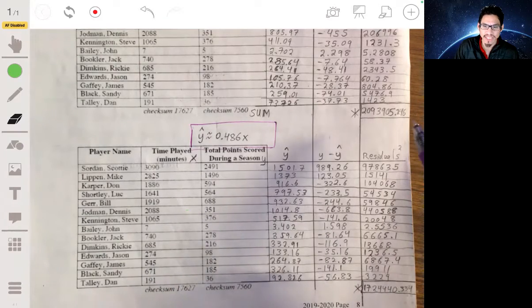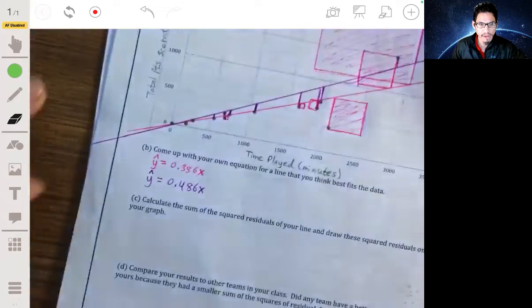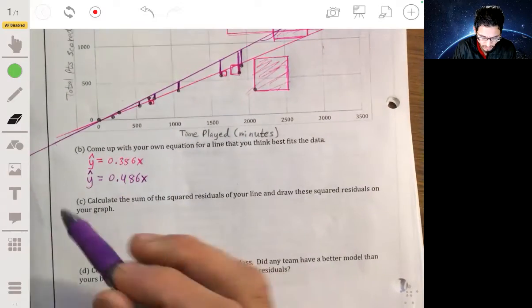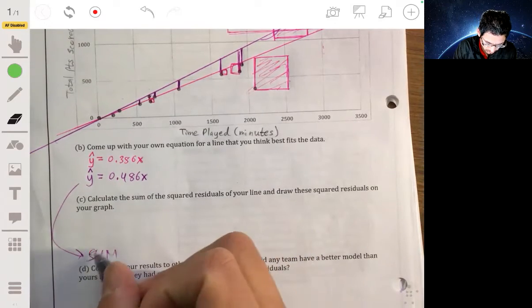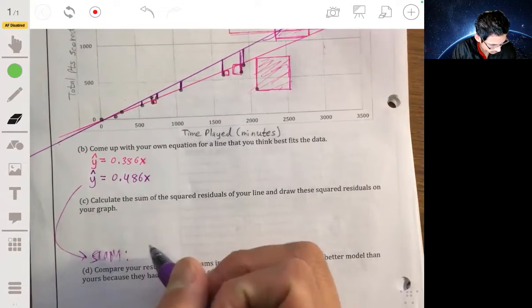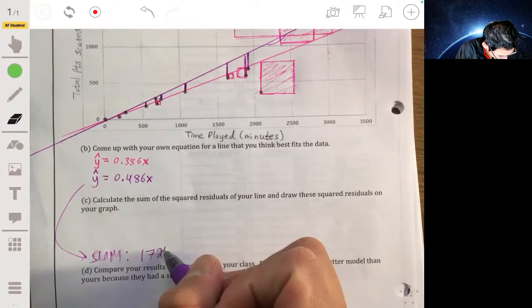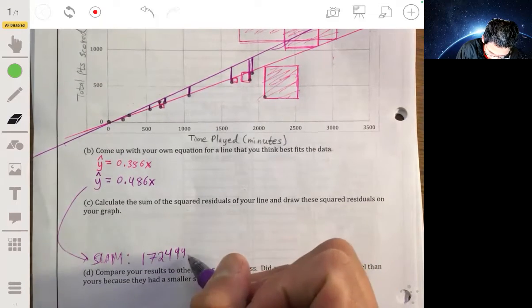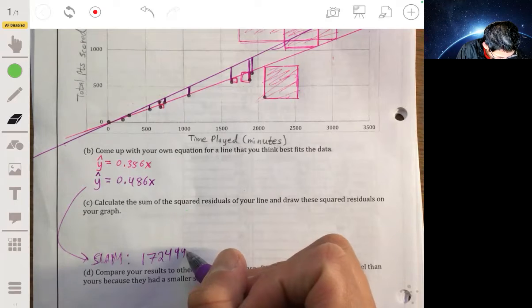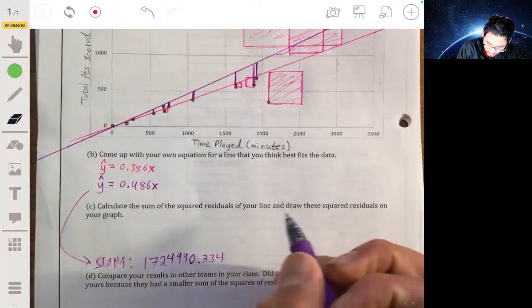So doing this will give you an objective way to measure which line is actually better, and not have it simply be based on your opinion. So let's go ahead and write that out. For the purple line, we had a sum of squared residuals of 1,724,440.334.